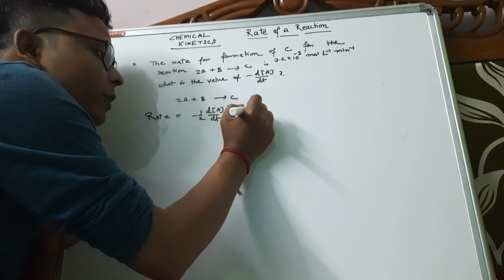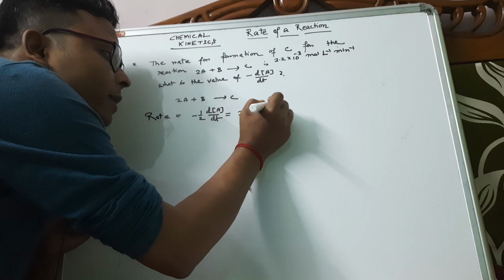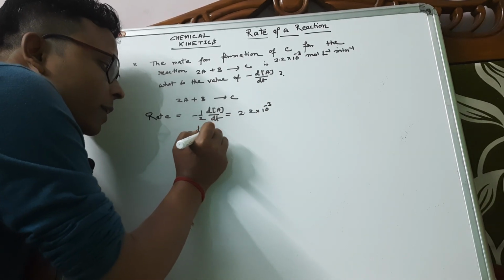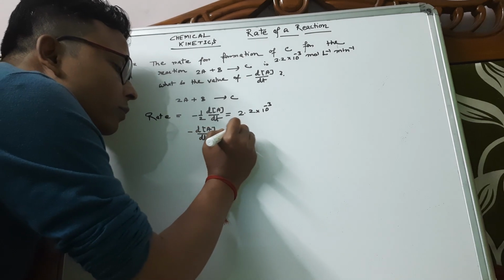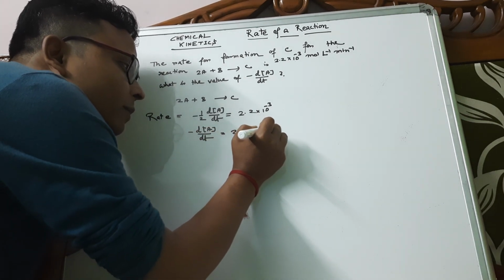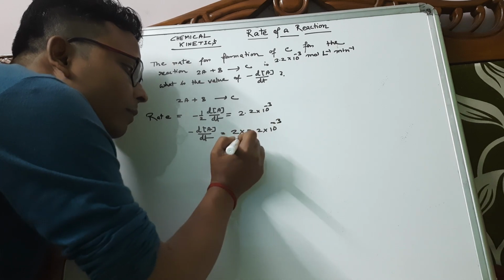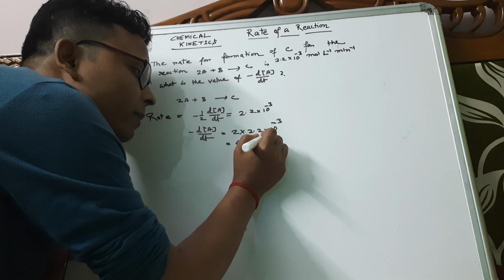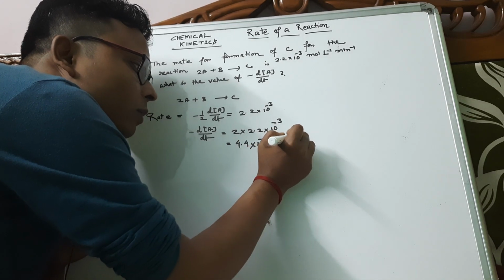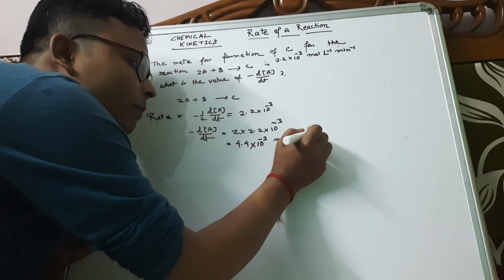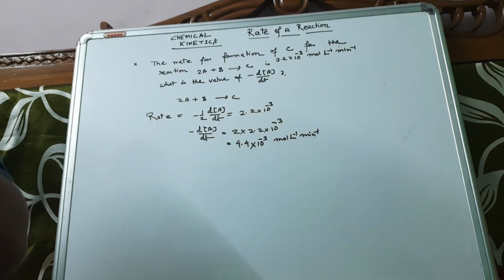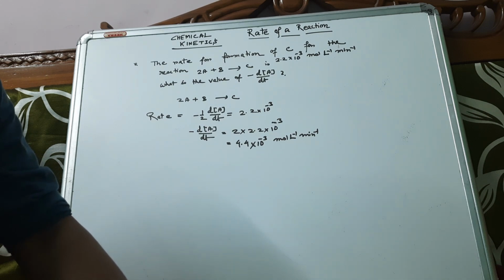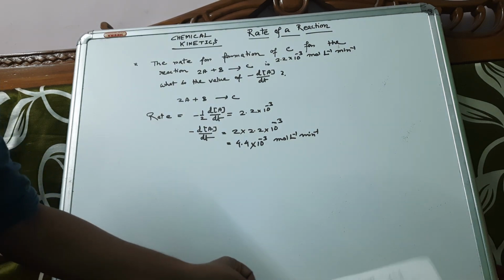It is given 2.2 into 10 to the power minus 3. So minus dA by dt equals 2 into 2.2, so 4.4 into 10 to the power minus 3 mole per liter per minute. In this way you can solve many other questions.